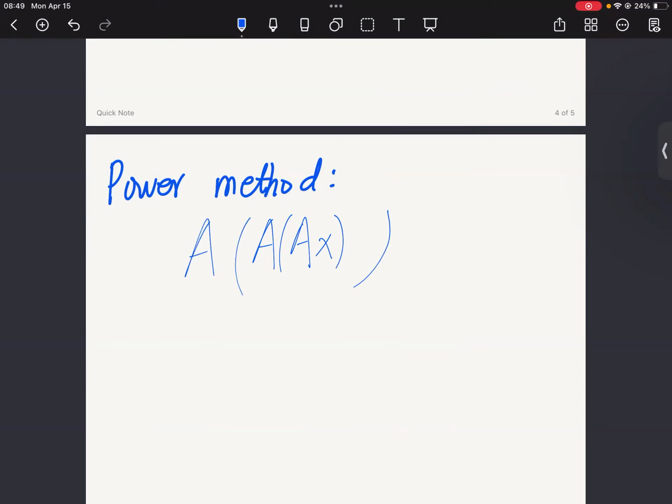We can denote this as A^k x, and we use this to approximate the eigenvectors. During this process, we also approximate the eigenvalue. In the derivation of this algorithm, we would use the properties we mentioned today. So you need to really take a look at the properties and theorems we talked about today. And that's all.